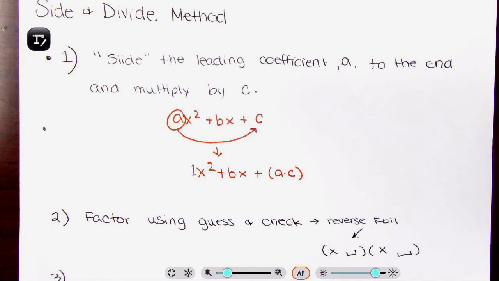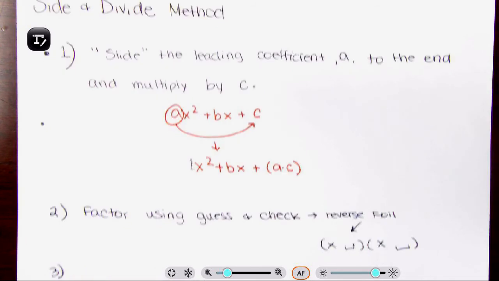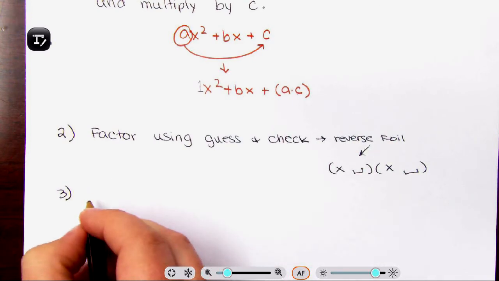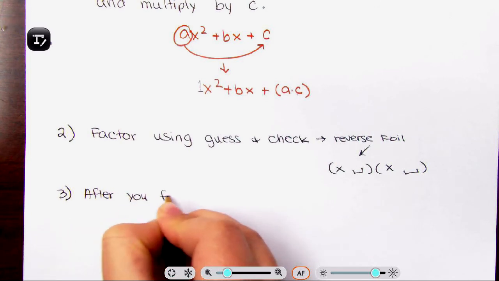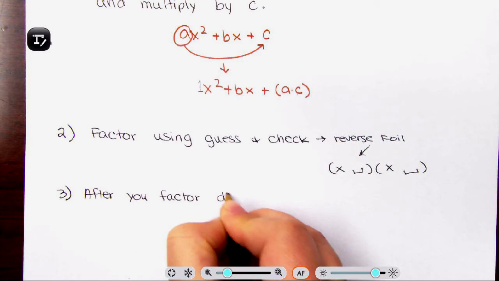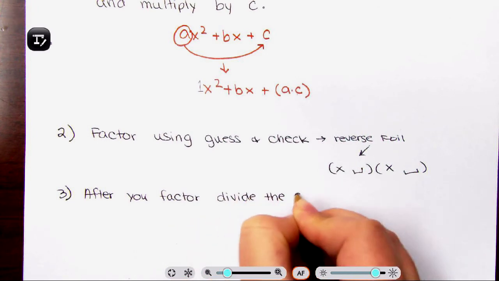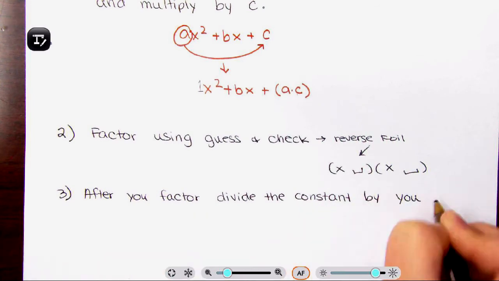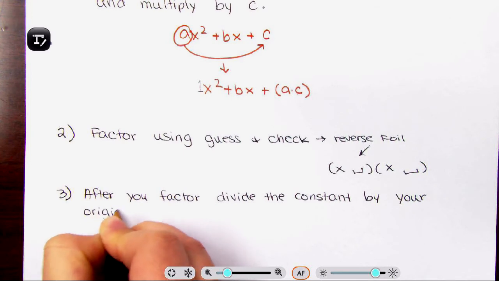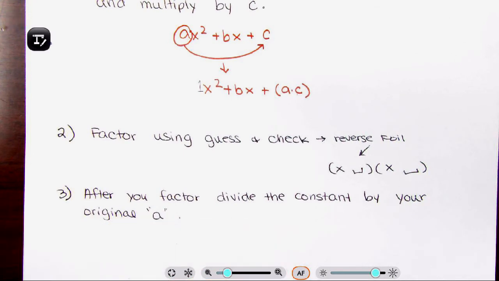Step number 3 is you're going to put back the number you slid. So take your A. I'm trying to see if I can word this better for you guys. After you factor, divide the constant by your original A. So let's say after you factor, you have x plus something and x plus something.